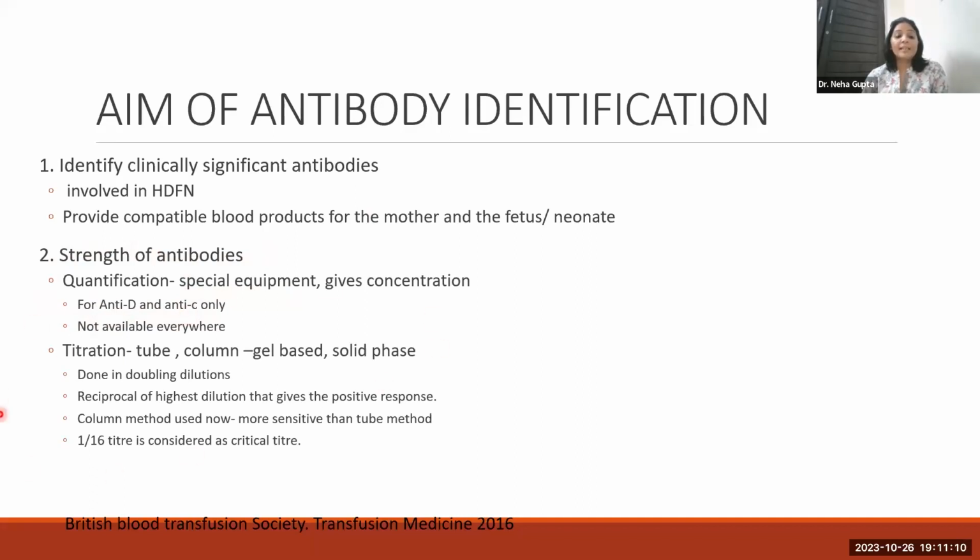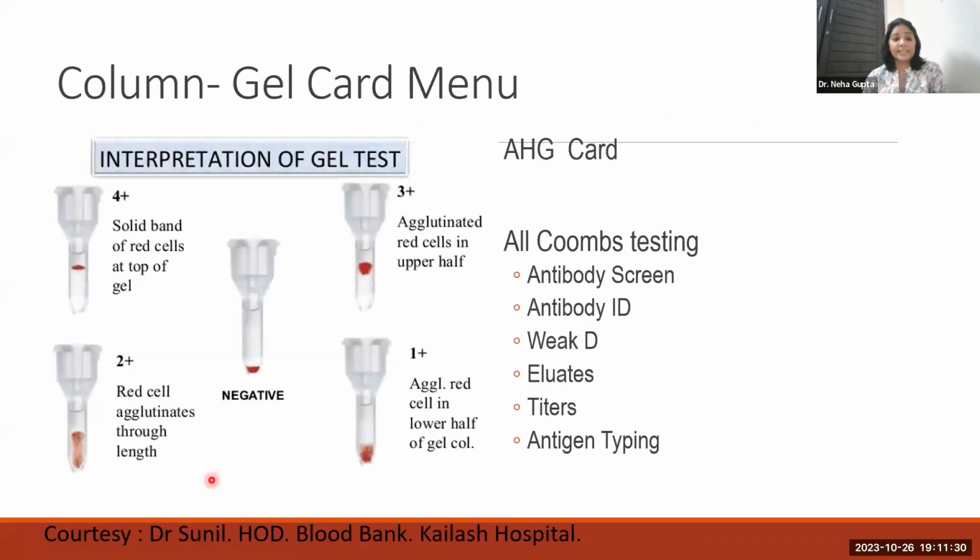The most common method that we use is titration, which can be done by tube, column, or solid phase. Column-based methods are the most used now. They are much more sensitive than the tube method, and the reciprocal of the highest dilution that gives a positive response is noted. Usually 1 in 16 is considered the critical titer.